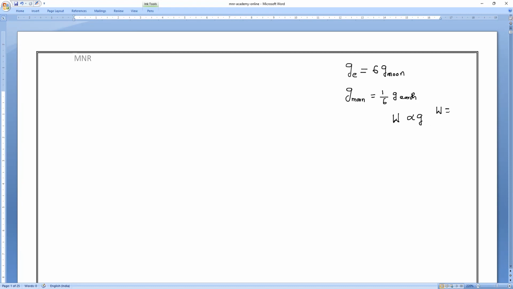Next, as we know, weight of the body is directly proportional to acceleration due to gravity, because we have studied that. What is the weight formula? Mass into acceleration due to gravity. So weight is directly proportional to acceleration due to gravity.